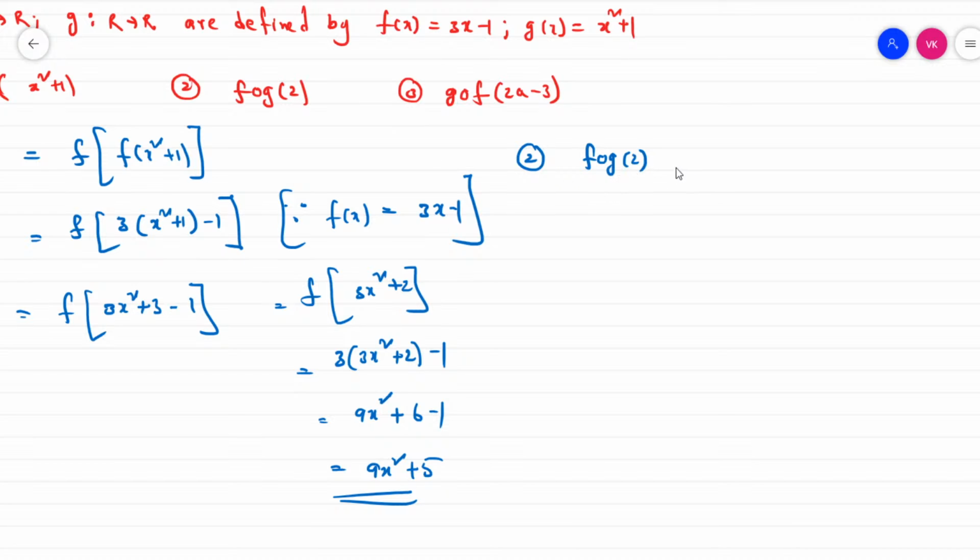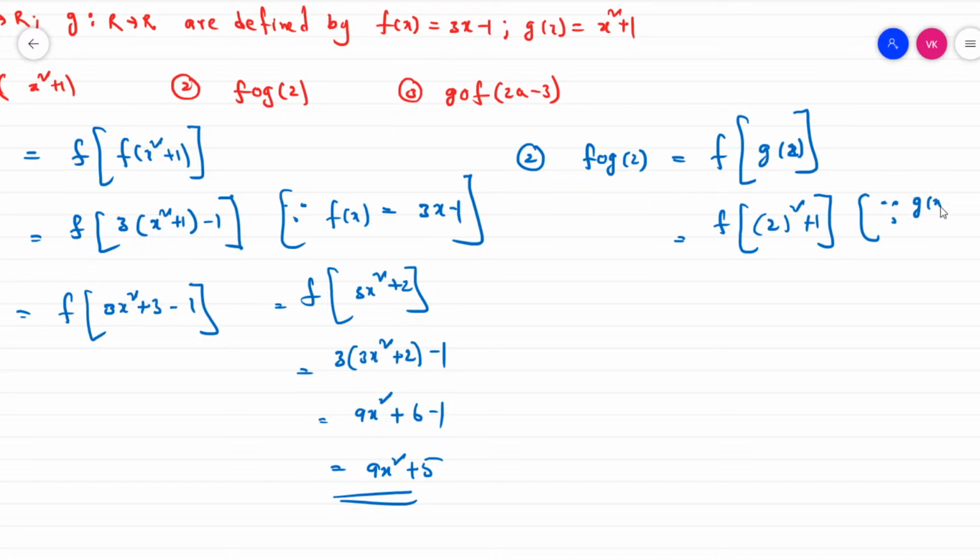We have to find the f circle g of 2. That is equal to f of g of 2. So we know that g of x is equal to x square plus 1. We can write 2 square plus 1.